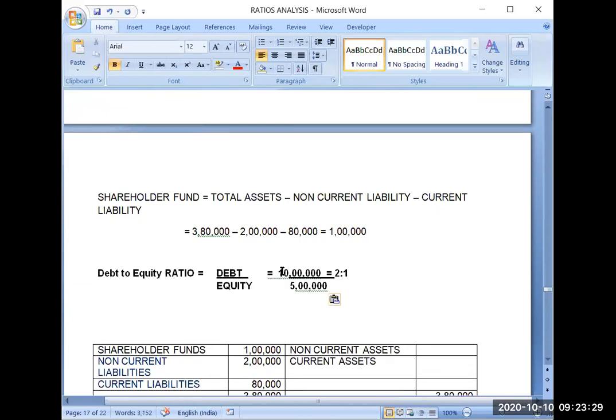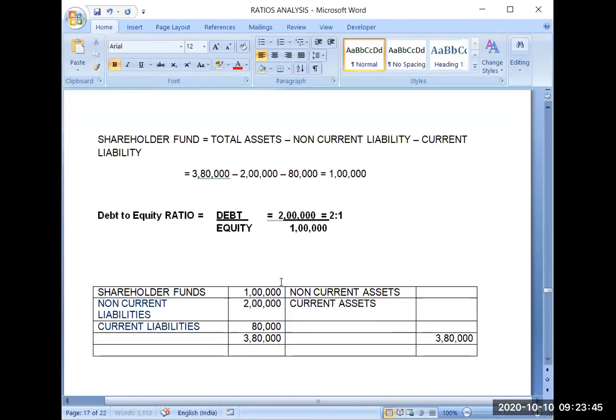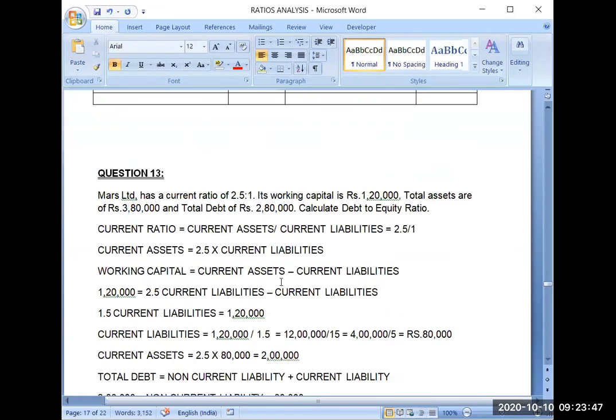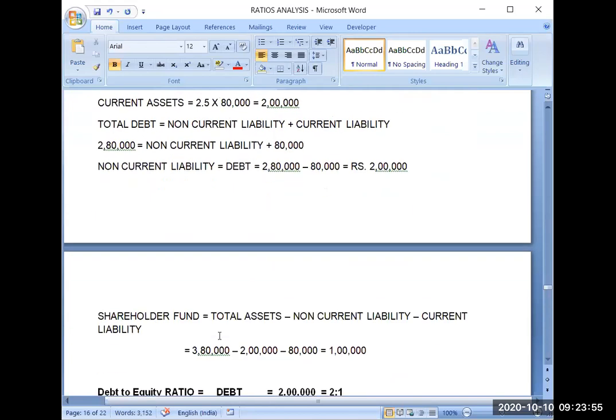Debt I know it is 2 lakh and equity I know it is 1 lakh. So that way my debt equity ratio will be 2:1. So this way you have to proceed in such questions. Whatever information is given, just start writing that. You will always get the way how to proceed in the question. You have to use your tools.